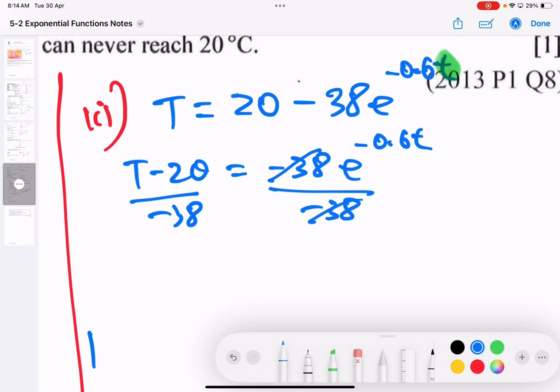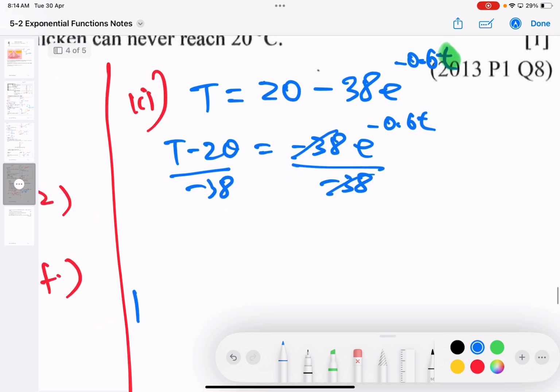When you have T minus 20 divided by a negative, the whole thing flips in direction, because it's the same as multiplying by negative. Negative T plus 20 is the same as 20 minus T. So we have 20 minus T over 38 is equal to e to the power negative 0.6t.